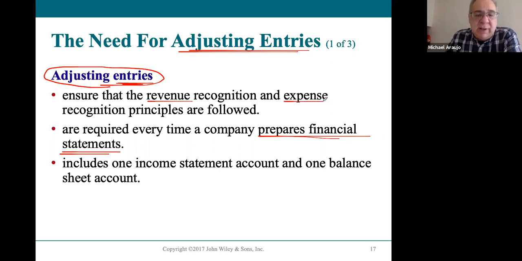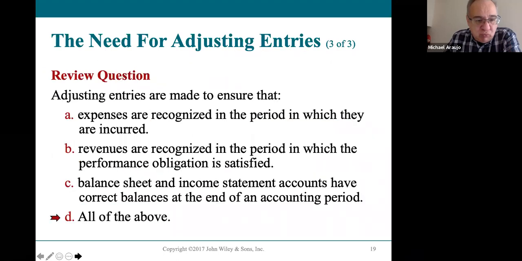So oftentimes, when we actually do the entry, at least a revenue and expense account is going to be affected. So one income statement account is going to be affected. And where is the revenue and expense coming from? It's going to be coming from either an asset or a liability account. So a balance sheet account is going to be affected. And that's what you're going to be seeing very soon.